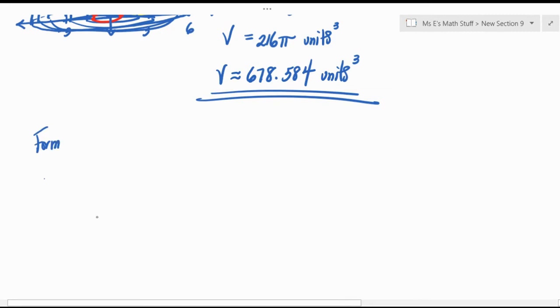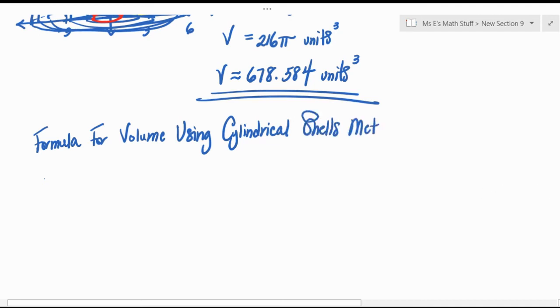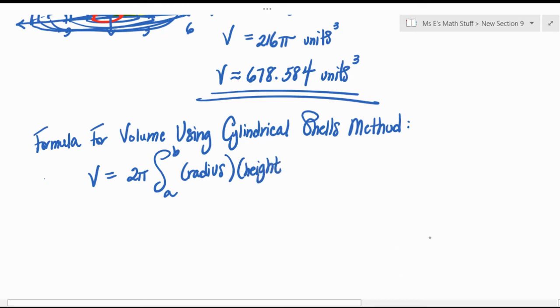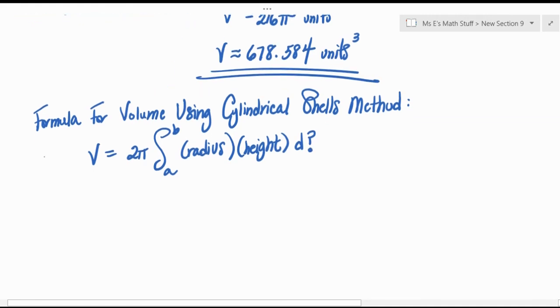The formula for volume using the cylindrical shells method is volume equals 2 pi times the integral from appropriate bound to appropriate bound of, and we're just going to learn this in words, radius of the cylindrical shell times the height of the cylindrical shell, and then with respect to the appropriate variable. And we'll talk about how to figure that out in a little bit.